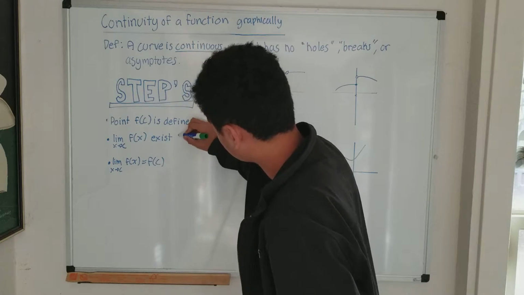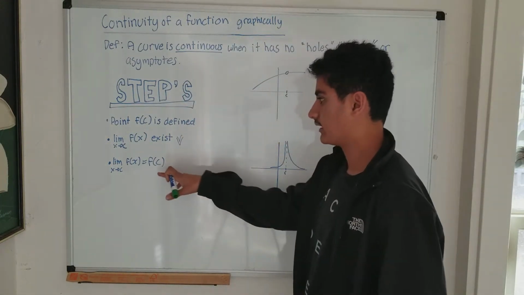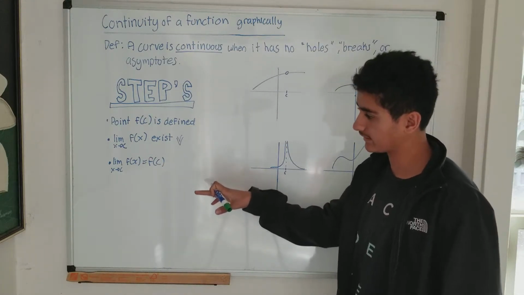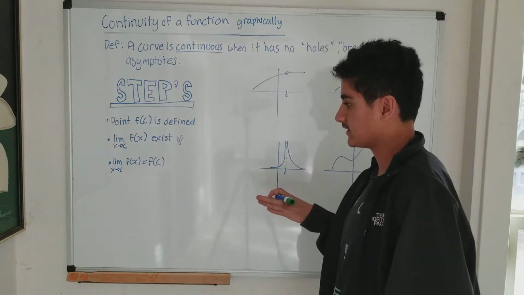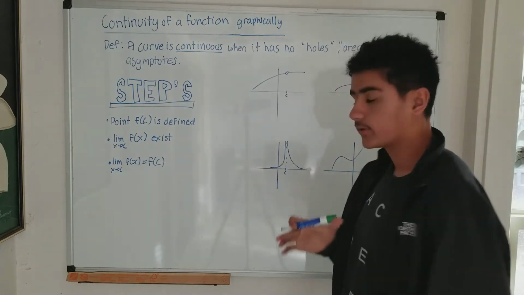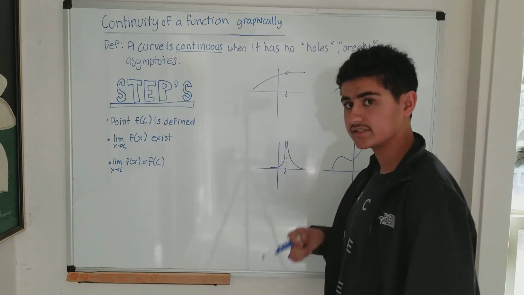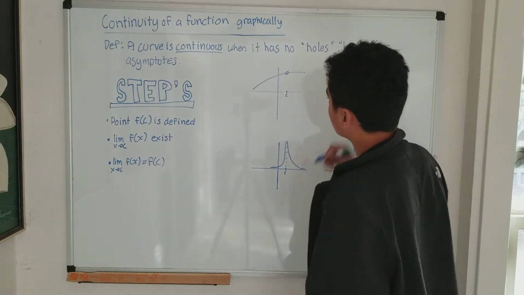So we can see this is good in this first question. Now, limit of f of x as x approaches c equals f of c. Well, f of c is not really defined, so you can't really do it. But another thing we're going to have to go over while doing this is discontinuities.